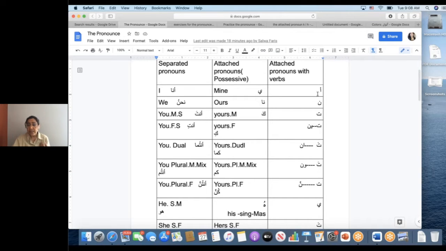With alif added at the beginning of the verb, it's going to be I am doing this action. نحن, we, to make ours: noon alif at the end. And you will see all the ownership or attached pronouns, all of them come at the end of the nouns.